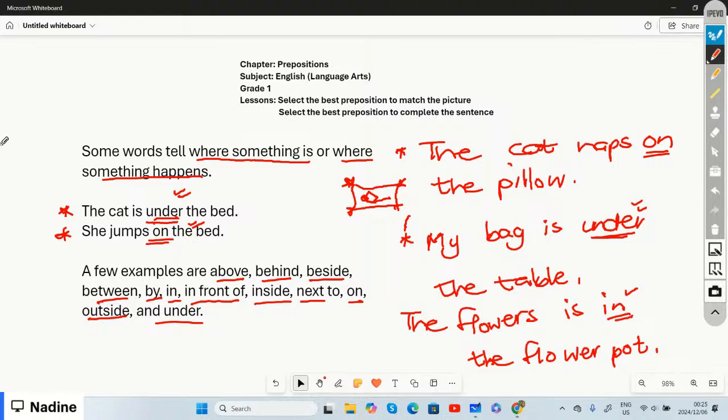All right. So now we're going to A plus students.ca.